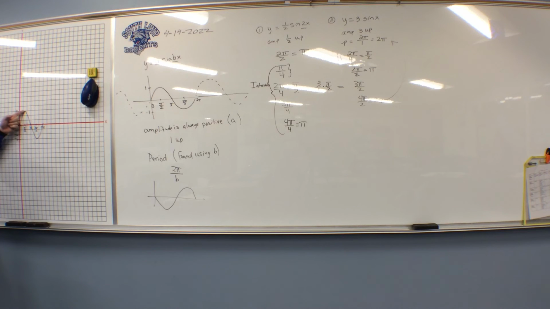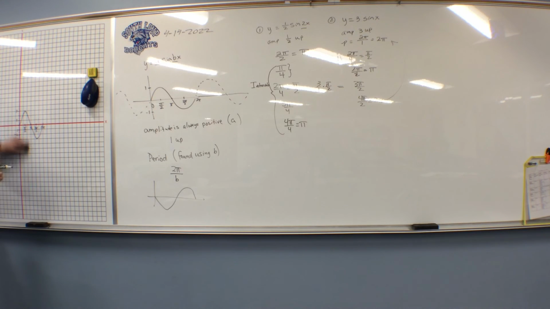So pi over 2 is up here. Pi, the value is 0. 3 pi over 2 is down here, and 2 pi is back to the x-axis at 0. Remember, these are y values, Lauren. So they're going from 0 to 3, and back down to 0, then to a -3, and then back to 0.